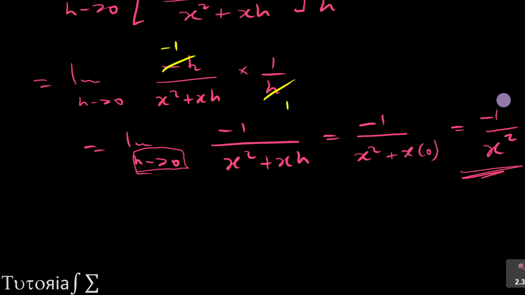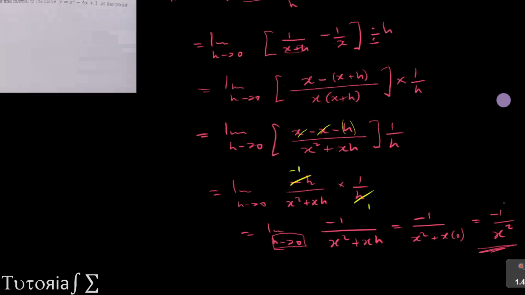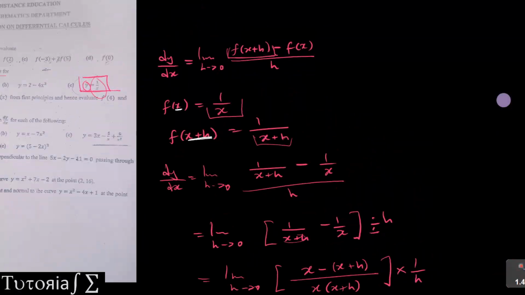Okay, so that is the first principle. Just maybe a run through. This is the formula for the first principle. So dy/dx is equal to this. Sometimes we can write it as f prime of x is equal to whatever is here. So now we identify our f of x, which is the function that we are differentiating.